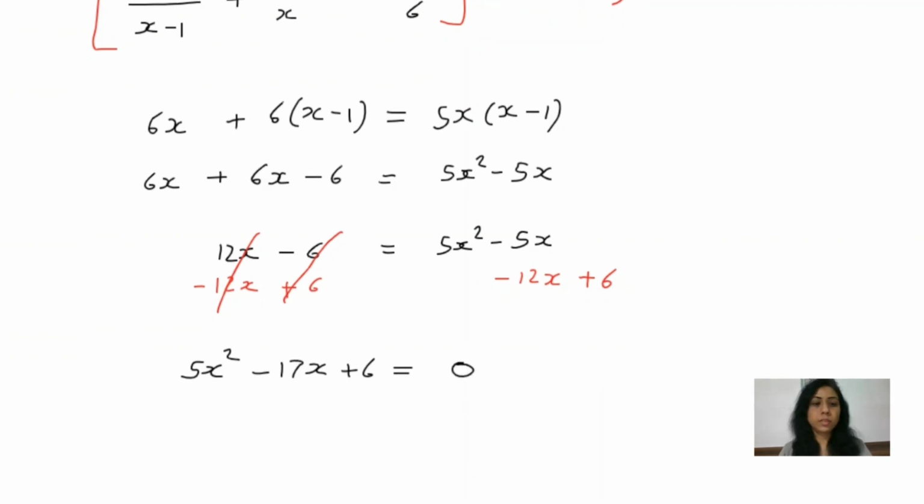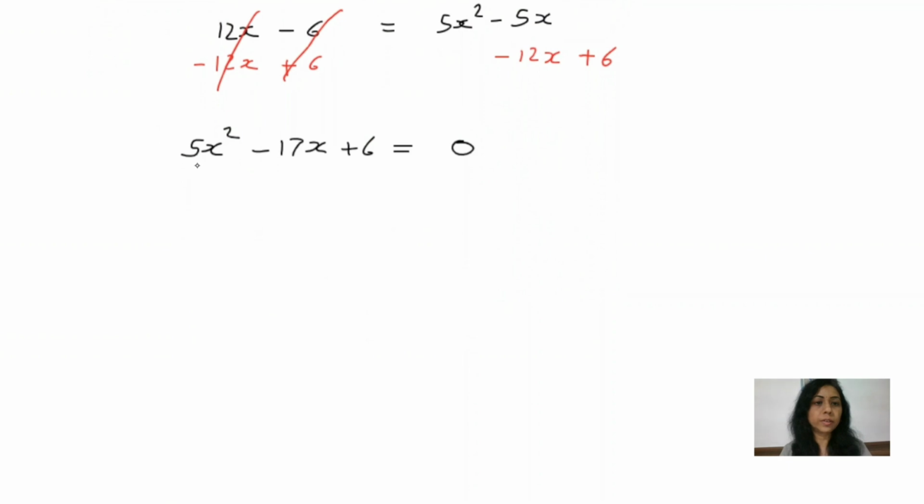This is a quadratic equation, and when we compare it with ax square plus bx plus c, the a value is not 1, so we have to use the splitting the middle term method. The product is 5 times 6, 30, and the sum is minus 17. So we choose two numbers whose product is 30 and sum is minus 17.